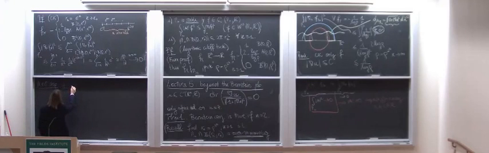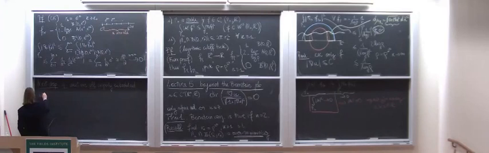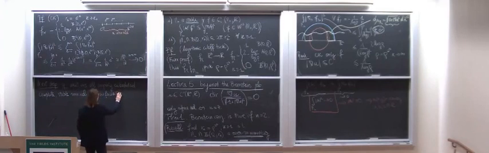We want to ask, what are all, say, properly embedded, complete, so no boundary, stable, minimal hypersurfaces, let's say Sigma^n, inside R^(n+1)?